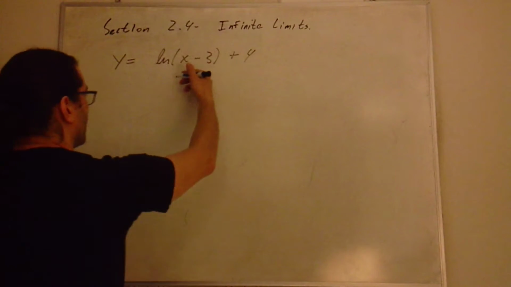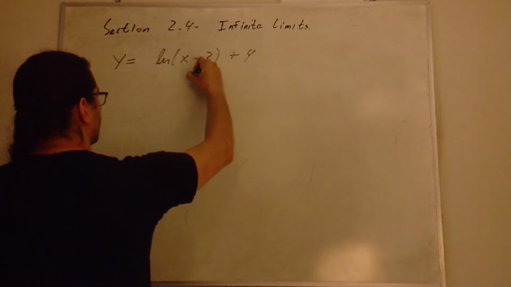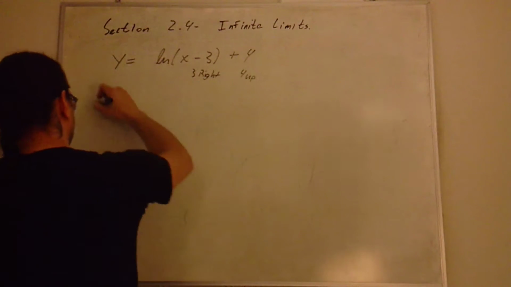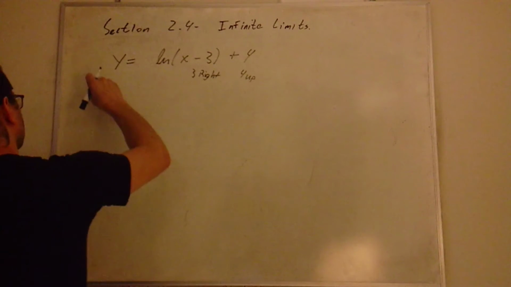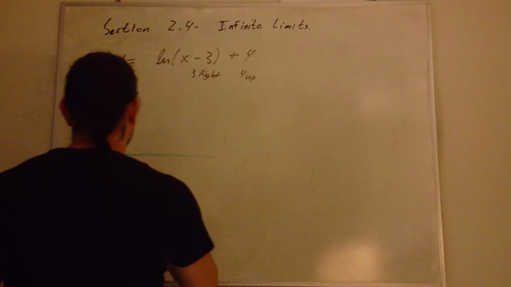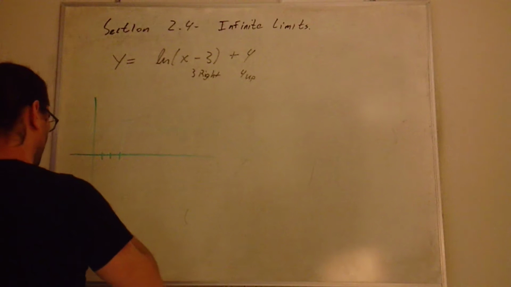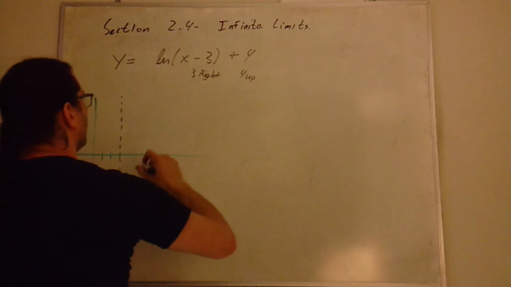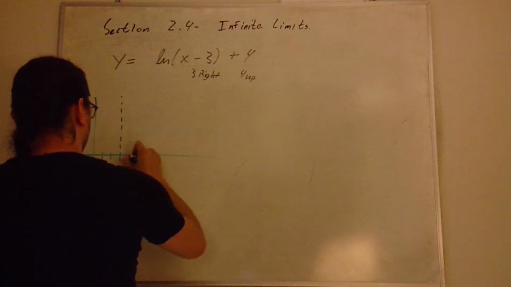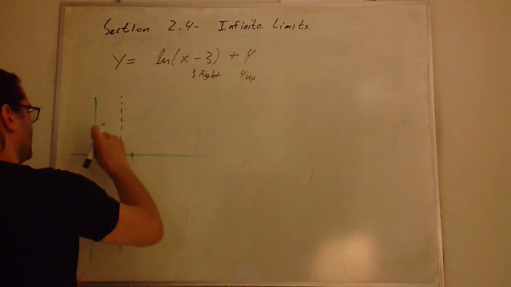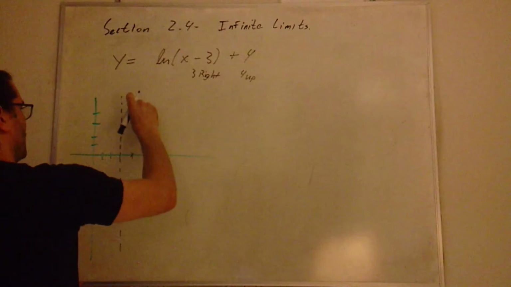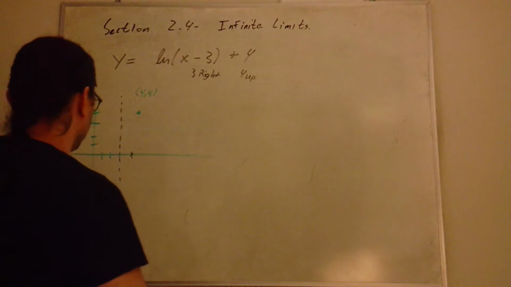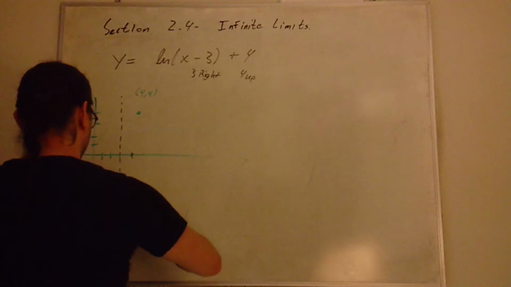We remember from our days of doing transformations that this is 3 right and 4 up. So if I wanted to do a graph of this, 1, 2, 3, 3 to the right is going to put my vertical asymptote at x equals 3. 4 up is going to put what used to be my intercept here at the point 4, 4. And aside from that, it's going to have a very standard issue logarithm shape.